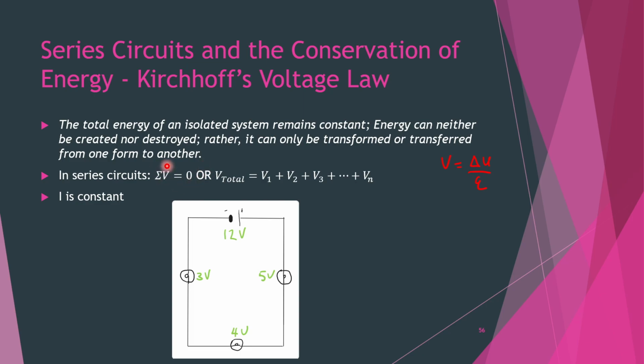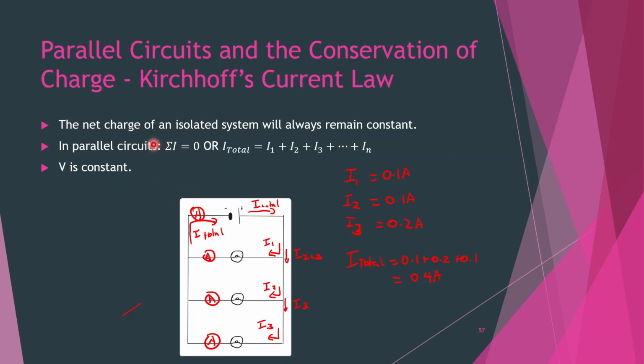Kirchhoff's voltage law, as well as Kirchhoff's current law, both state that the sum of all voltages or the sum of all currents is equal to 0. This is technically true. However, it does require us to define either the total or all of the components as either negative current or positive current, or negative voltage or positive voltage.